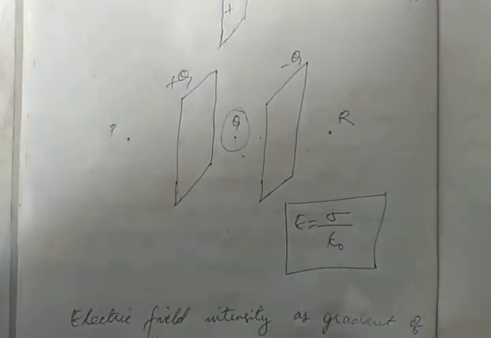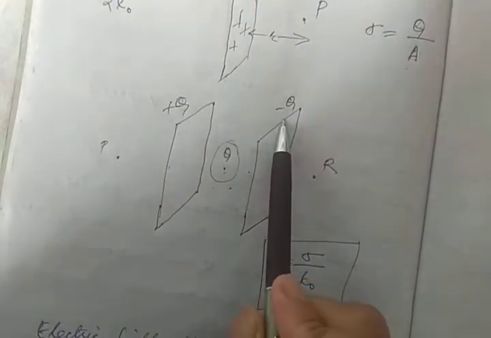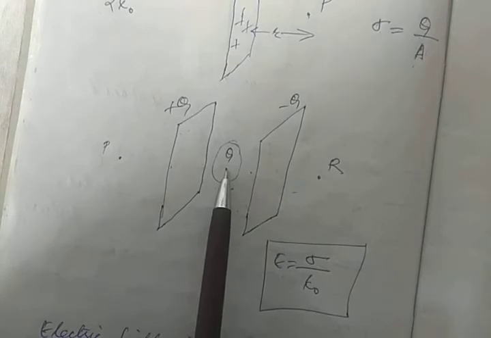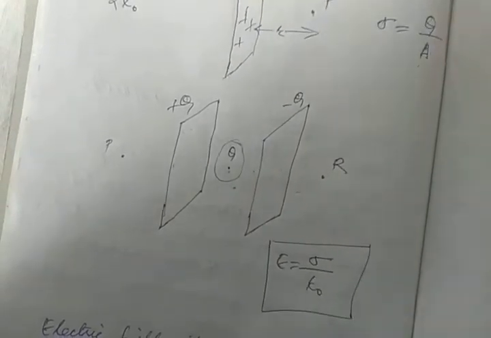Like I reminded you, in between two plates, one having plus q amount of charge, the other having minus q amount of charge, the electric field intensity between the two plates of the capacitor is given by E is sigma by epsilon naught.